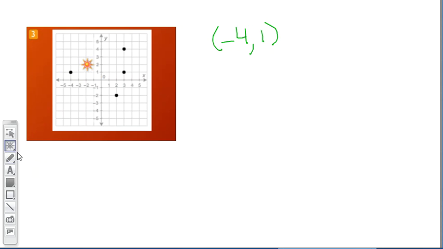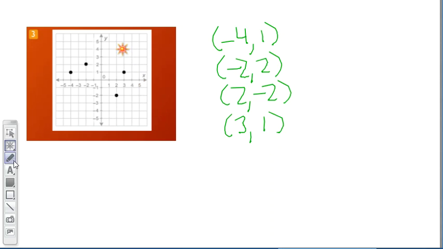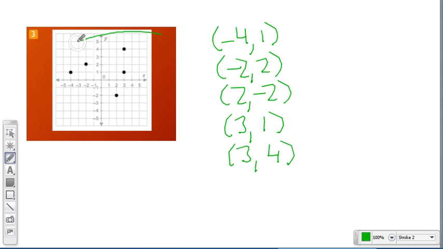For this one, we have negative 2, 2. For this one, we have 2, negative 2. For this one, we have 3, 1. For this one, we have 3, 4.